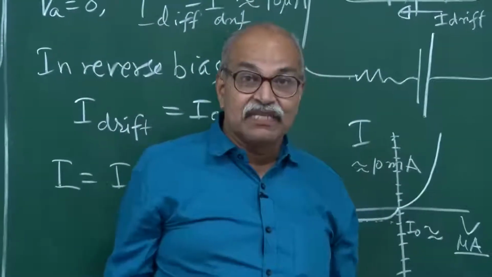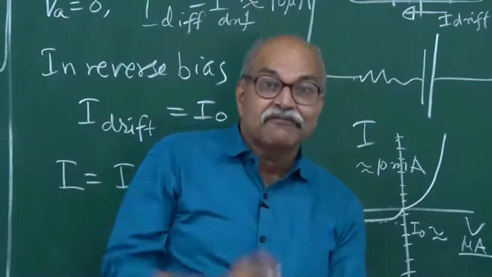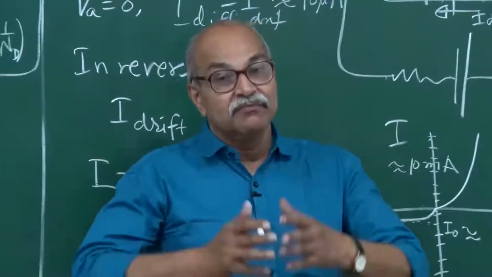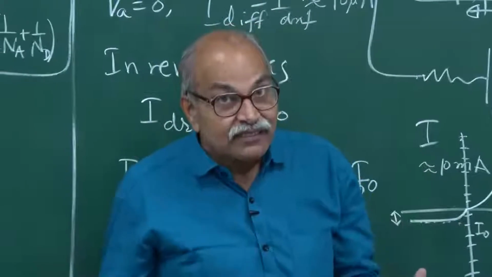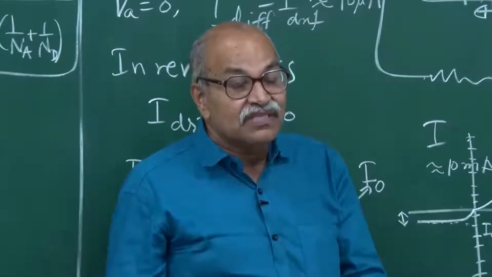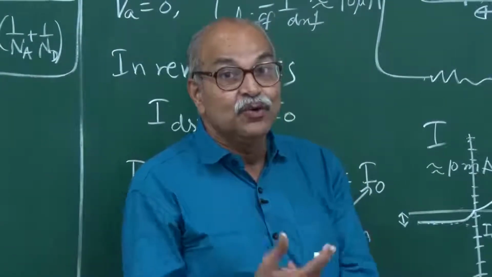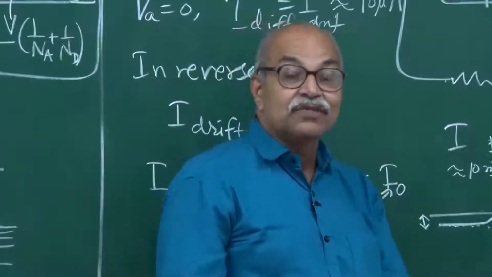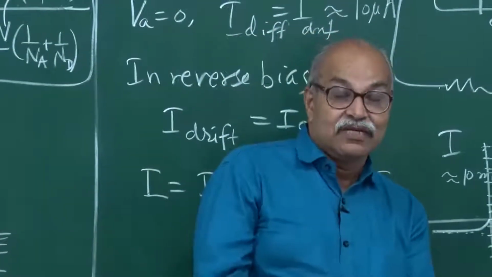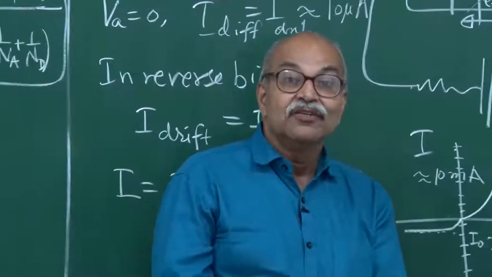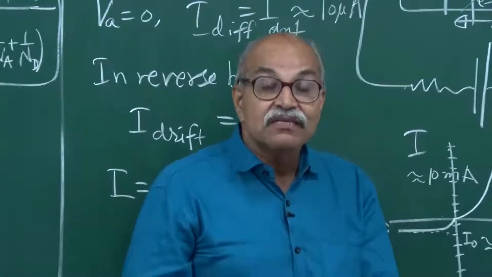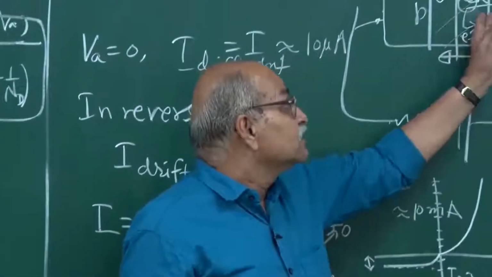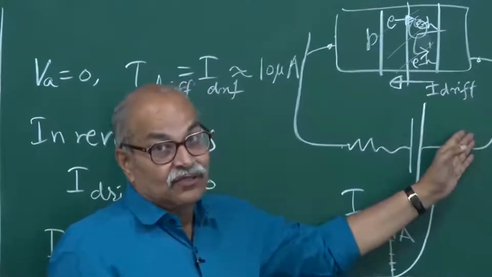If you apply so much electric field and the depletion region becomes so wide that the electrons can create new electron hole pairs, and those can also create new electron hole pairs, etc., then you will have a large current in this reverse bias condition also.